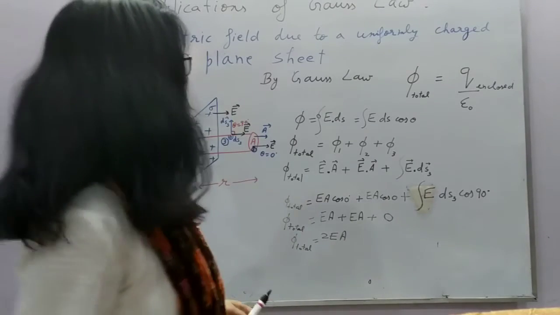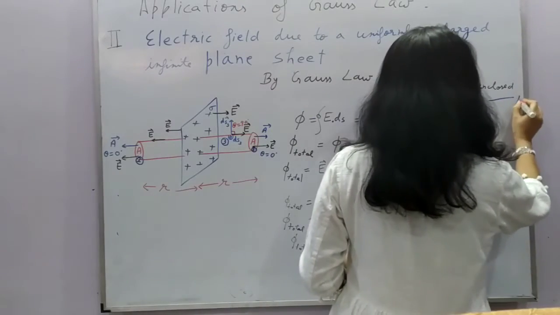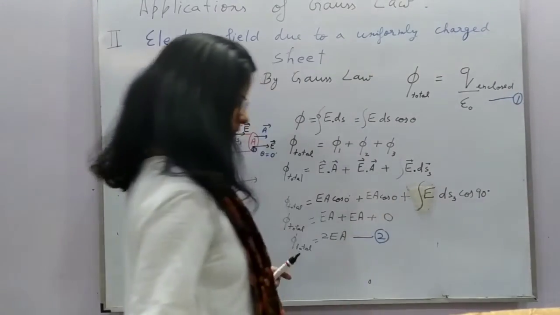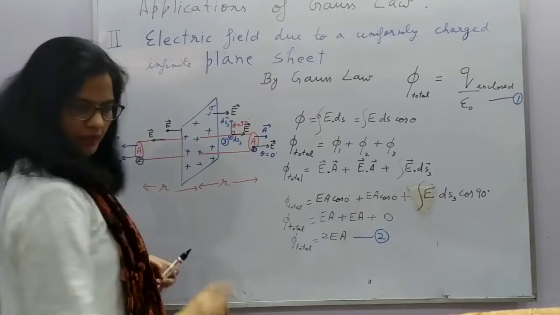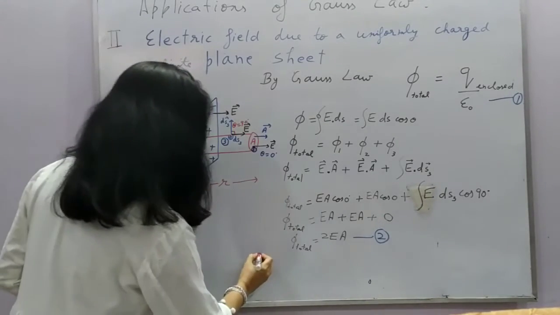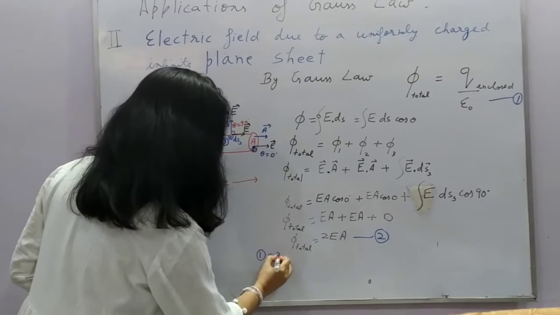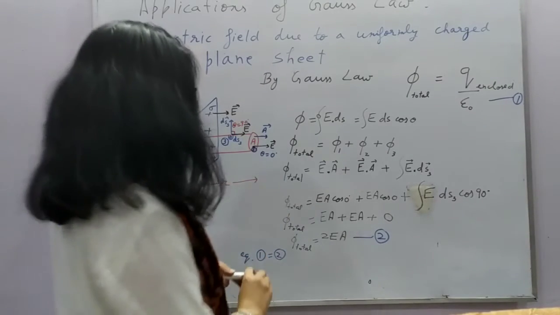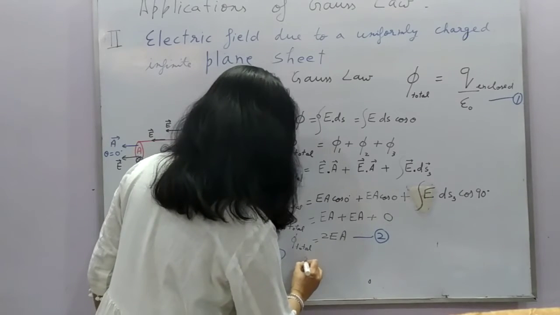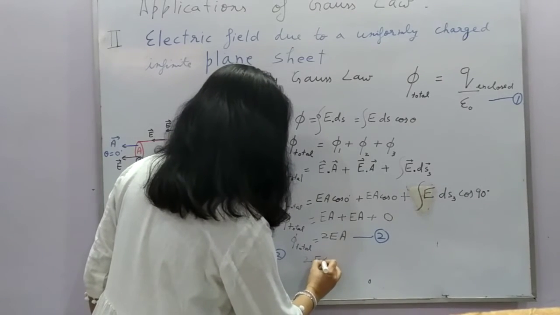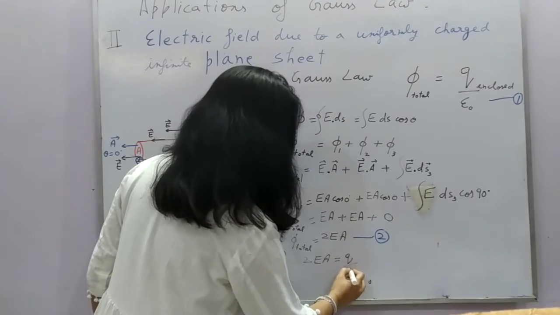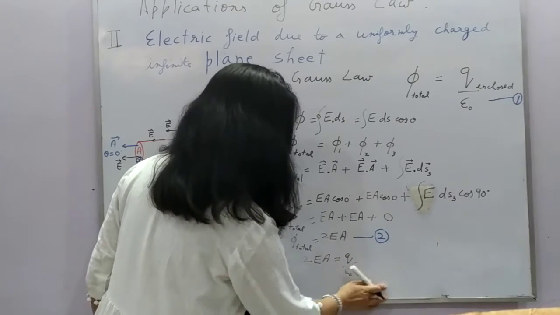Let's consider this as the first equation, this as the second equation. Let's equate these two. Equation first is equal to 2. So you can say that 2 times EA is equal to Q upon epsilon naught.